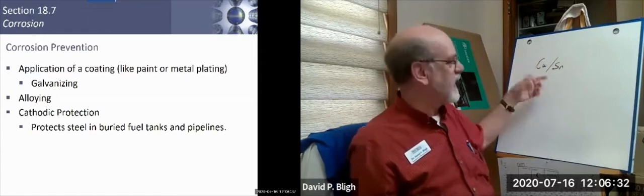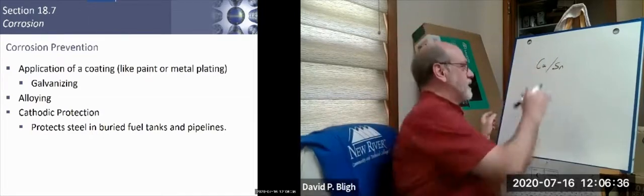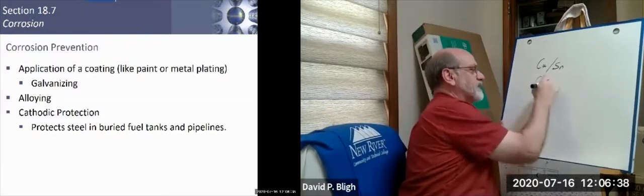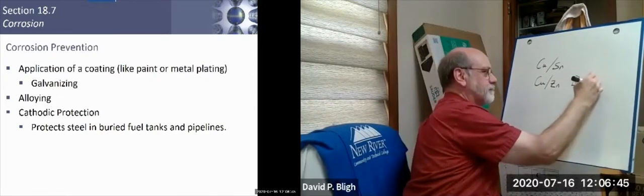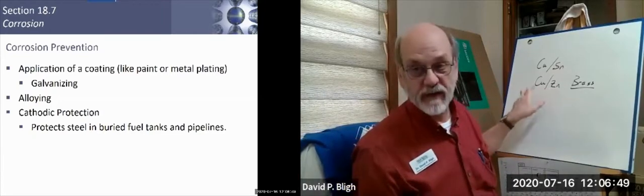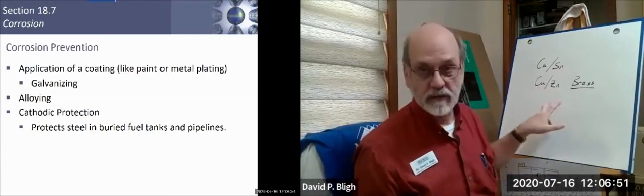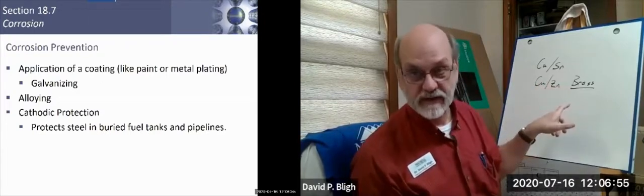It was devised to strengthen the copper for weapons. Right? But copper and zinc makes brass. And zinc, being more reactive metal than copper, protects the copper, and it does not corrode easily.